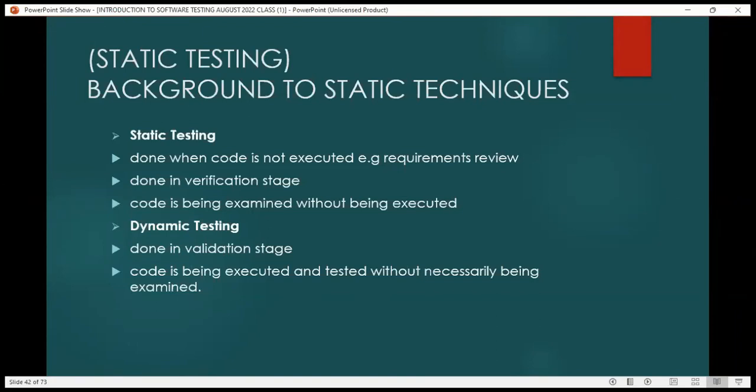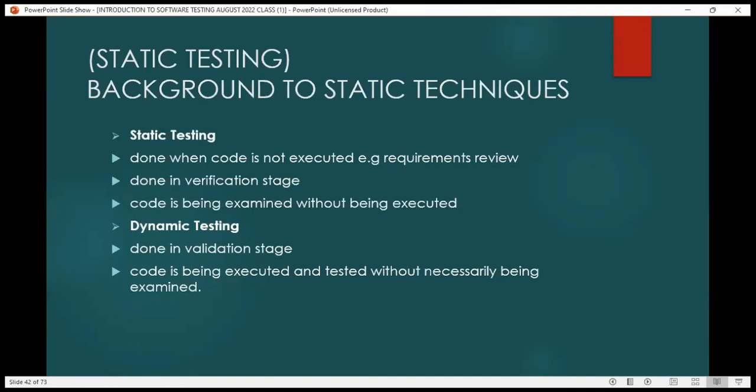You'll be given some mapping documents. You'll be given some requirement document. Some call it requirement document, some call it specification, some call it BRD, meaning business requirement document. So there are different names for it.